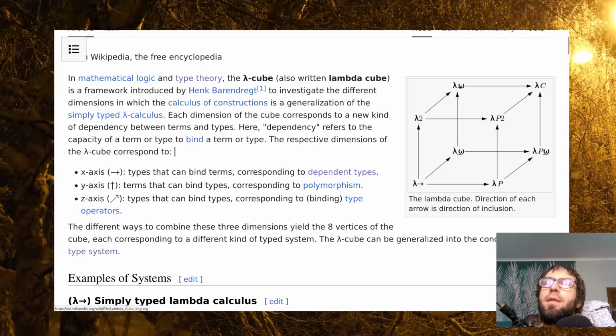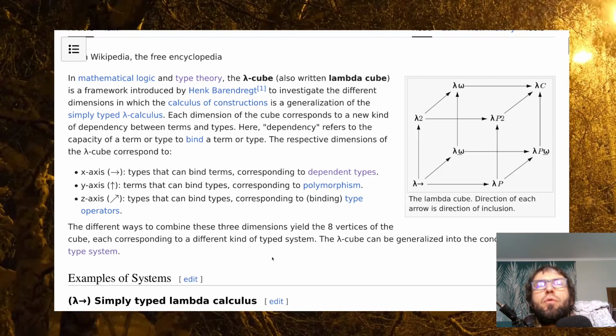So we can say that Haskell is somewhere represented here, but in Haskell we can simulate dependent types with singleton types, and it can be seen as something, I think, here in the middle.